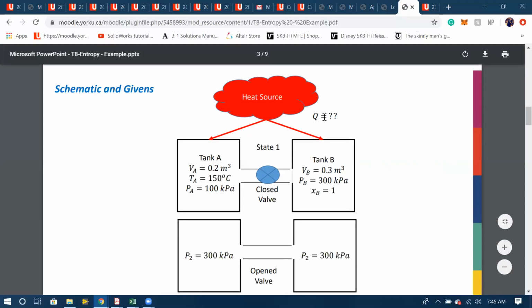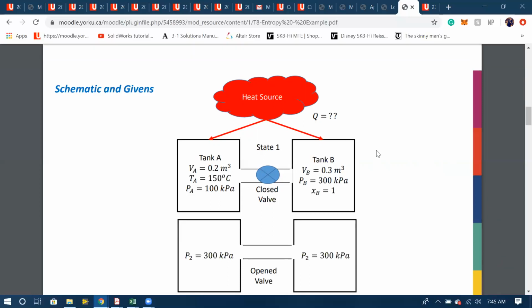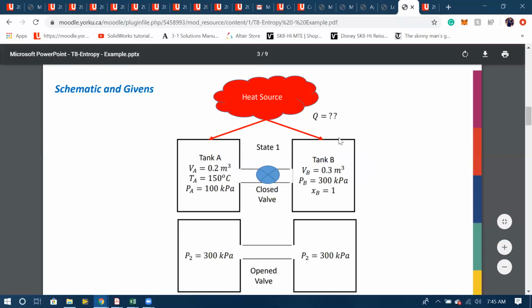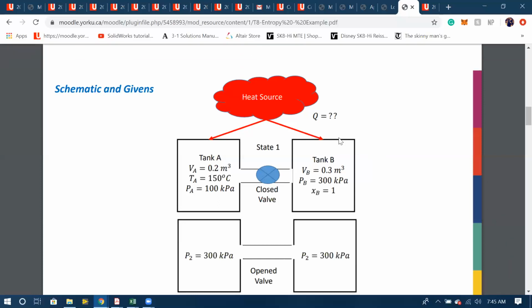Any number we get would be a magnitude, but how do we define the direction of it? There are different ways. Number one is you just say it's Q in, Q out. That's the simplest way. But in a lot of the examples in textbooks and even this tutorial example, it doesn't say Q in, Q out. It says Q and that's it. And we have to establish positive and negative ourselves given what we're studying.